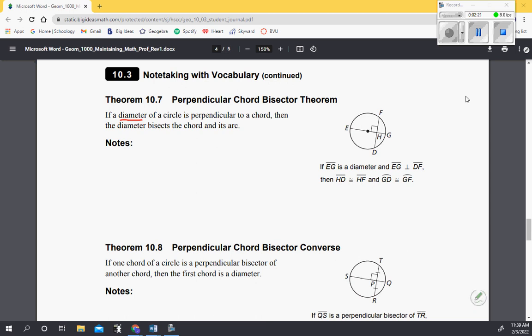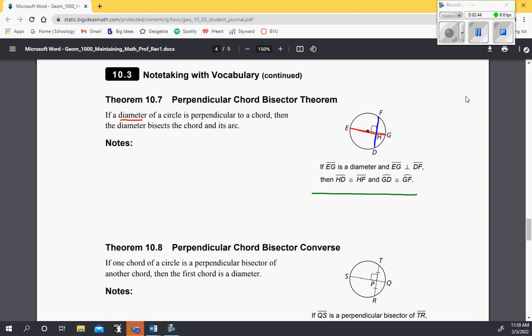So look in here again. If EG is here, that's our diameter. If it is a diameter, which it is, it's a chord through the center. And EG is perpendicular to DF, which it is, right?